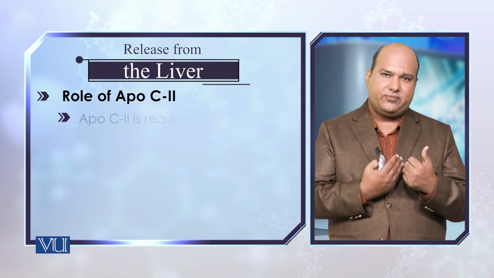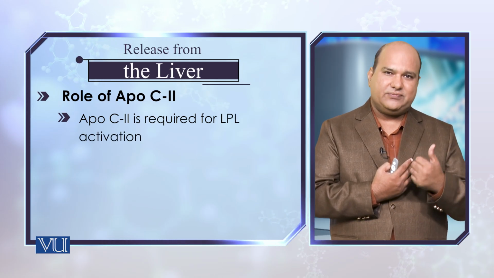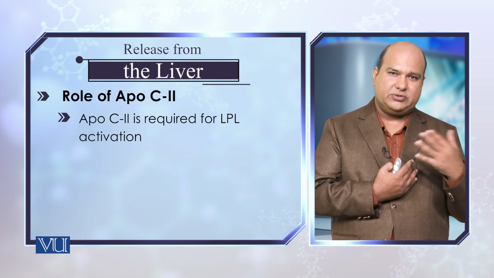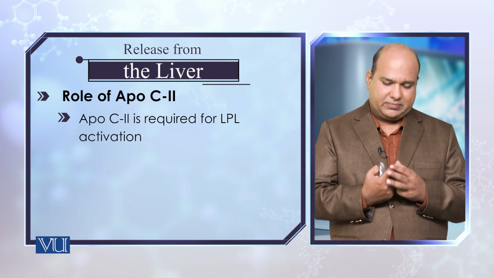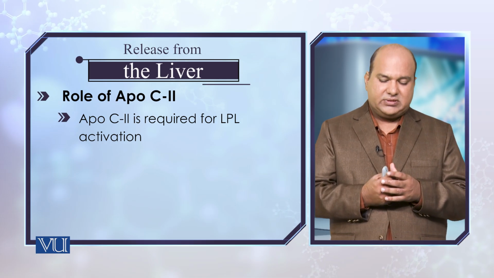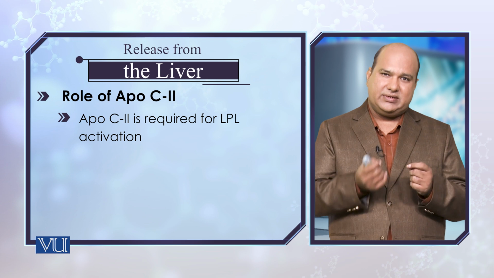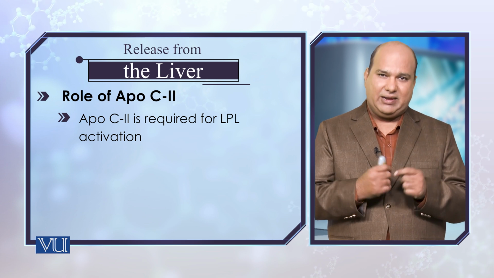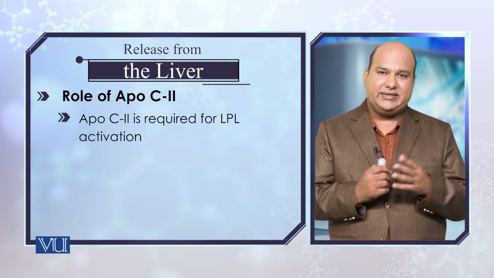This transfer of apolipoproteins from one category of lipoproteins to the other is a very normal thing. It's not something which occurs because of any abnormality. ApoC is required in VLDLs also. It's required to activate the LPLs, the lipases, which will then degrade the TAGs.